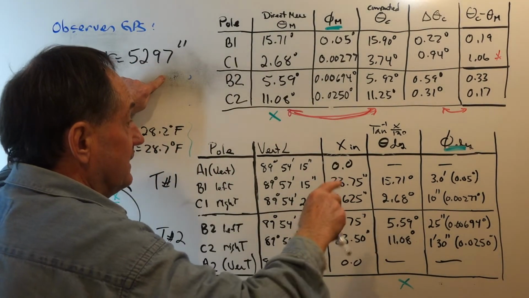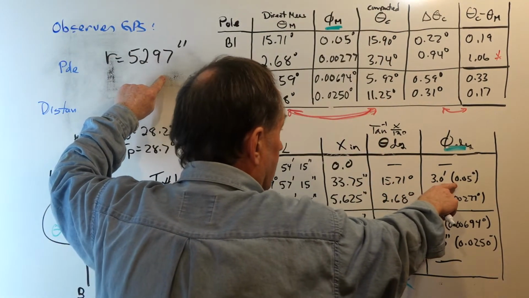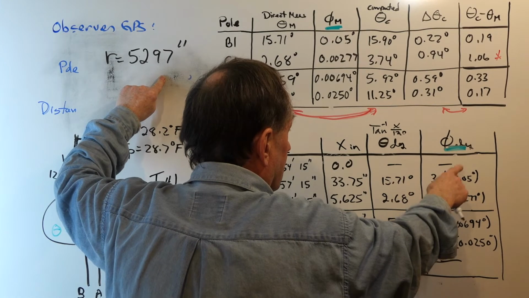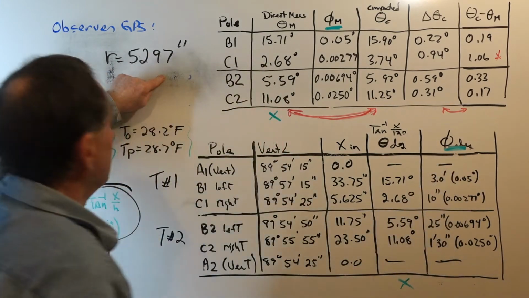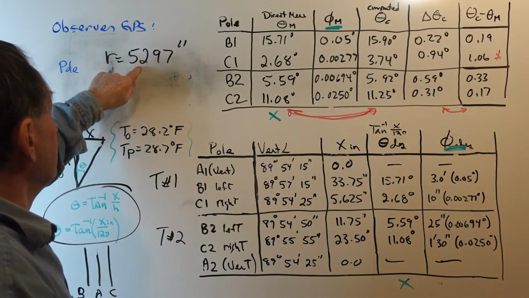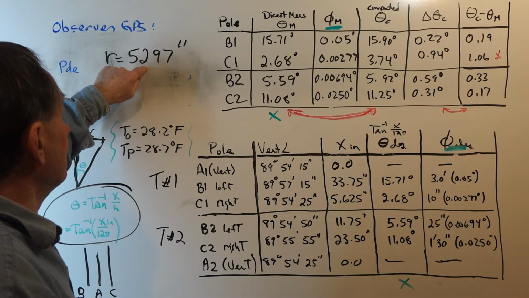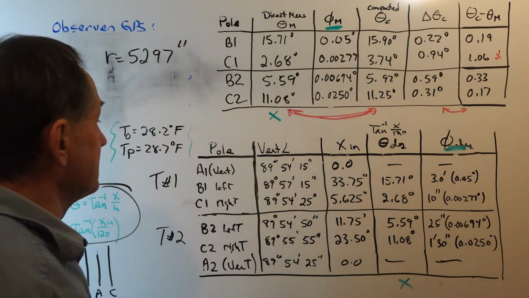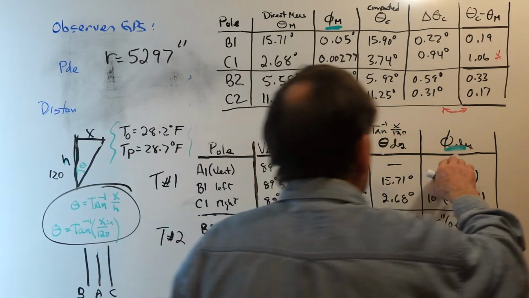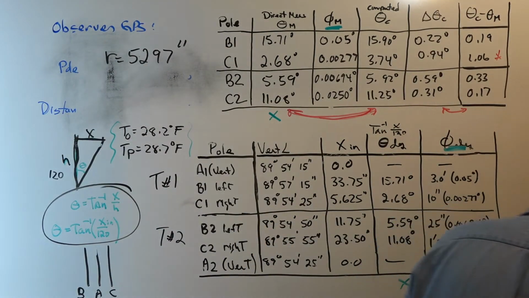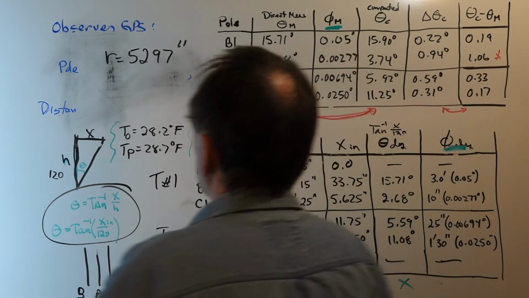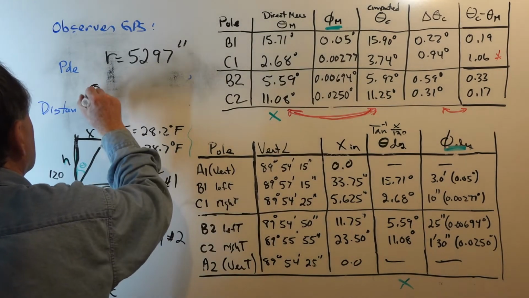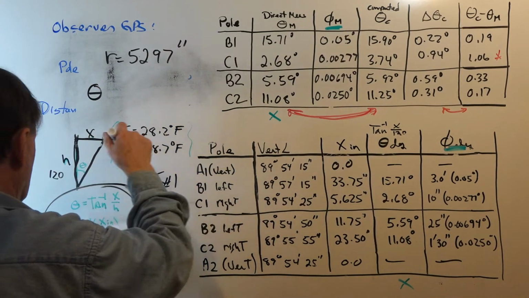So this angle is measured from a distance of 5,297 inches, and then we use the equation to get theta, the tilt angle.